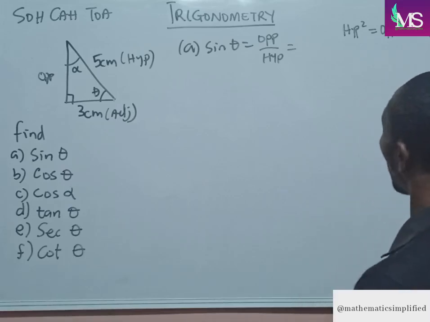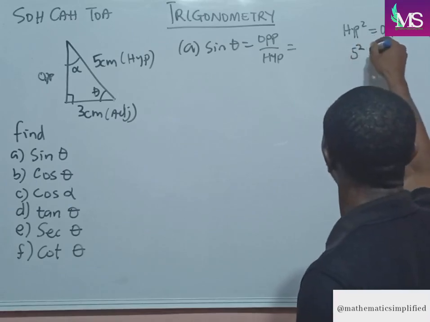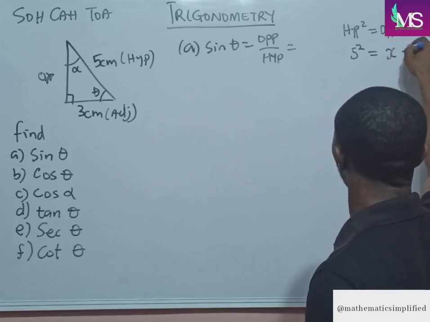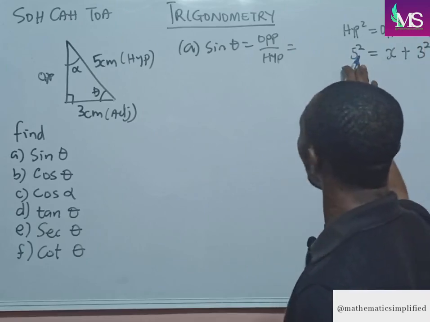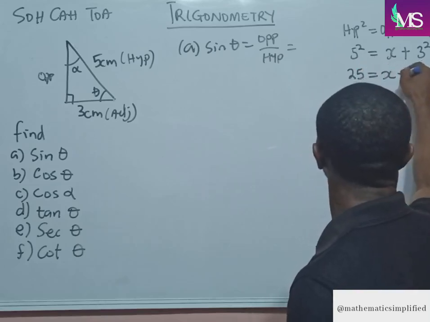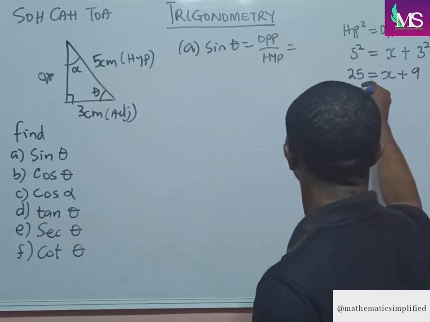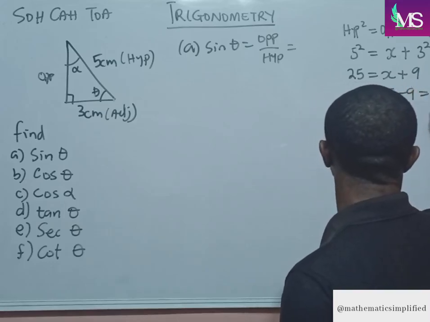Now, our hypotenuse in this case is 5, so this will be 5 squared equals opposite, which we do not know, let's call it x, squared plus adjacent, which is 3 squared. So 5 squared gives us 25 equals x squared plus 3 squared, which gives us 9. Collecting like terms, x squared equals 25 minus 9, which gives us 16.